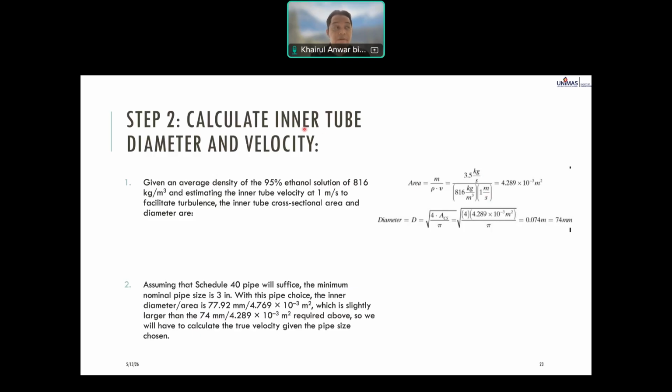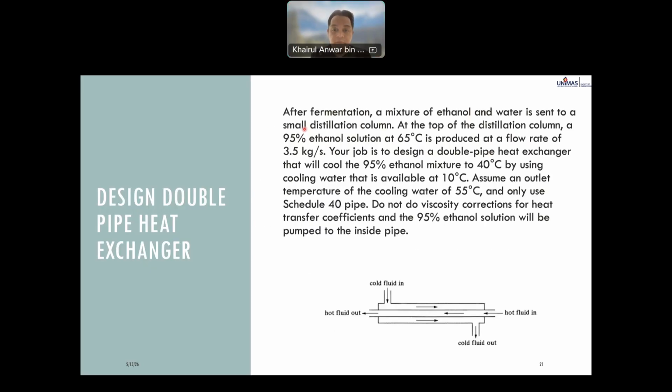This is talking about the inner tube. So we have the outer tube, which is for the cold fluid, then the inner tube for the hot fluid. In between the hot fluid and the cold fluid is what we call an annulus.